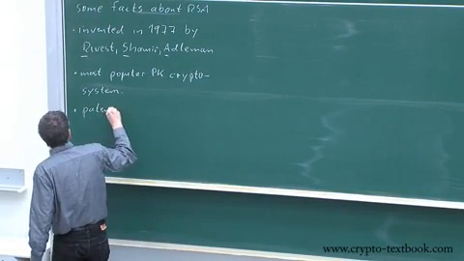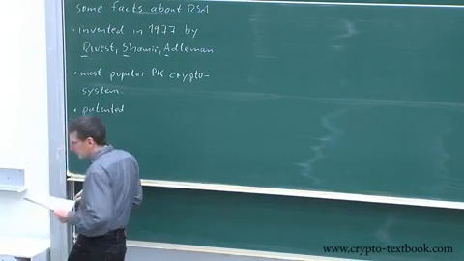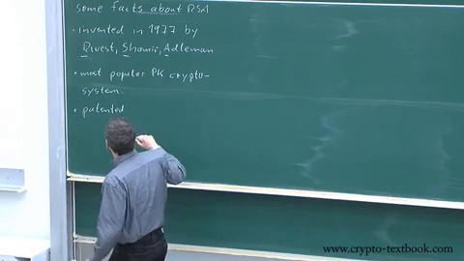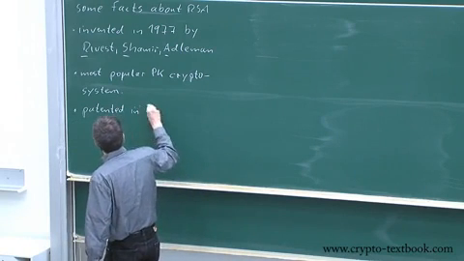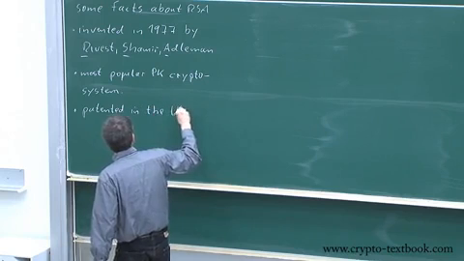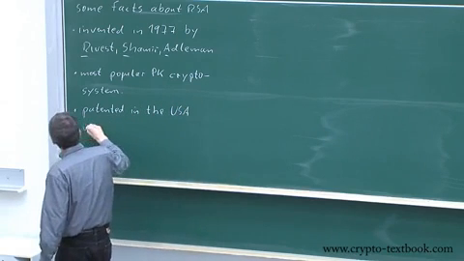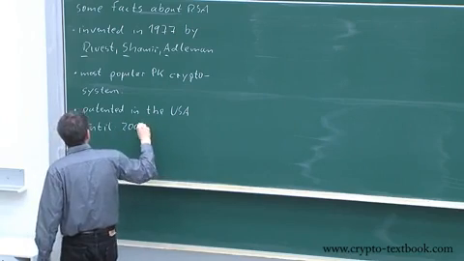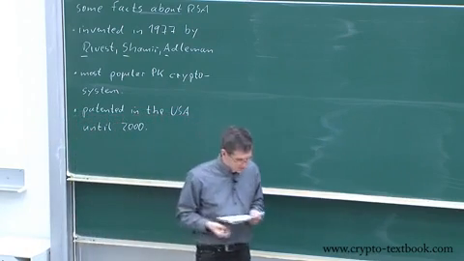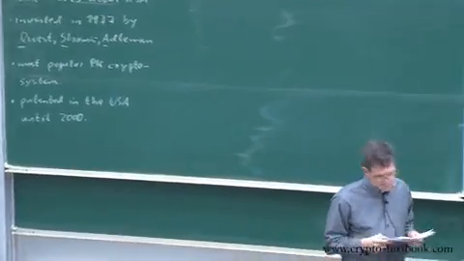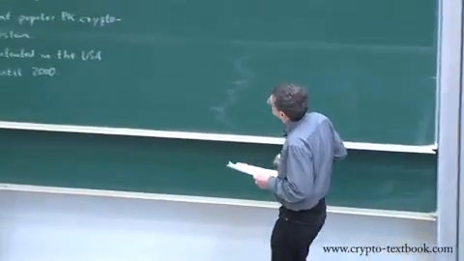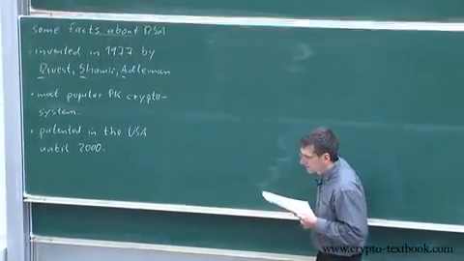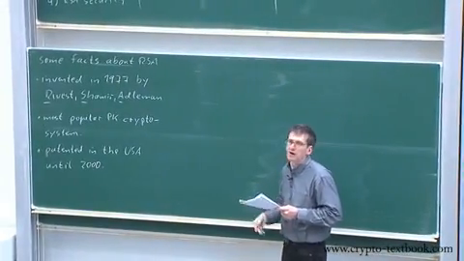RSA had a little bit of trouble being widely used because it used to be patented, but only in the USA, and it expired in the year 2000. This is just a little bit of a real world fact.